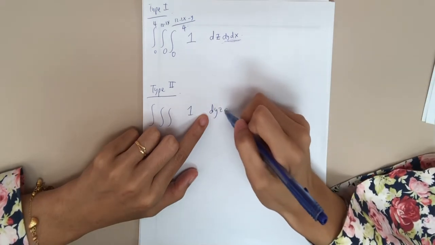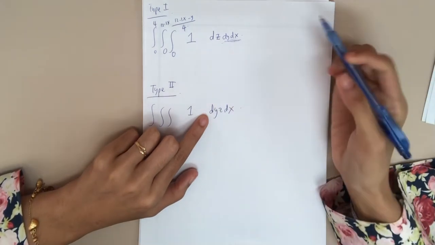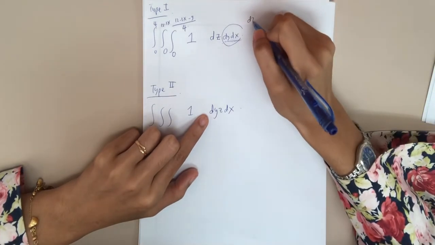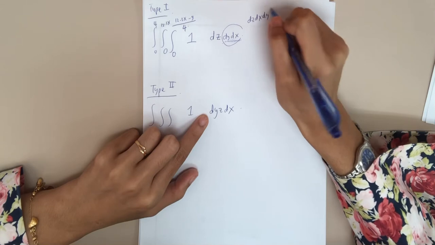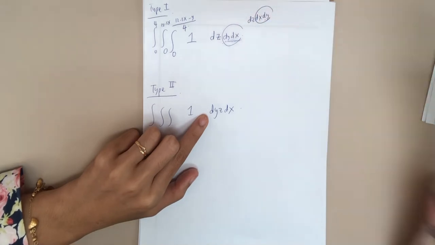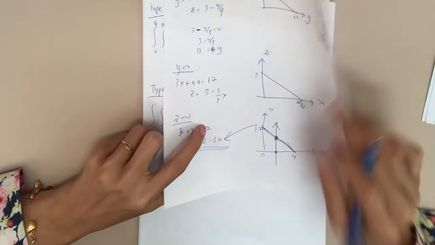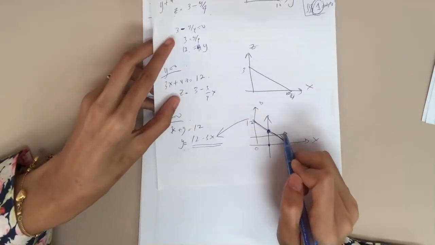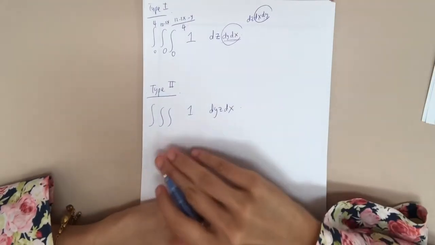Let's say I start with dz, dx. If you are doing dx dy, make sure that just now I drew the vertical line; if you do dx dy, make sure you draw a horizontal line.